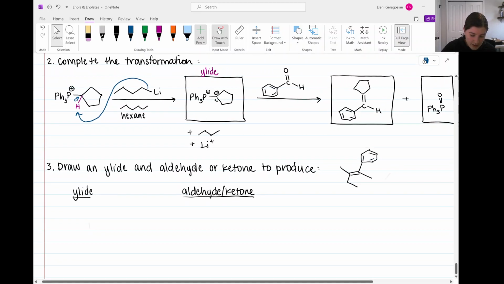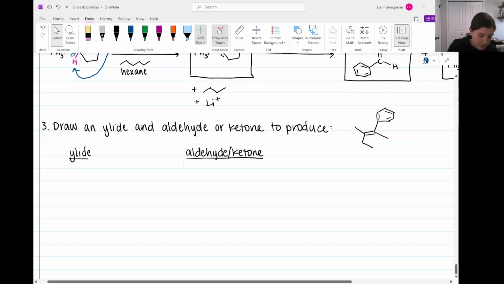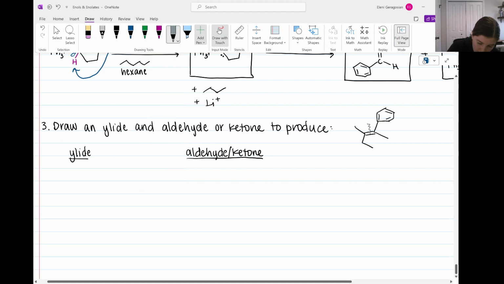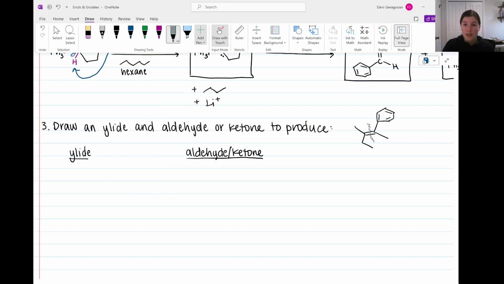So we could look at this final product and imagine this bond being split there. That tells us that one of those carbons in that double bond was from the ylide, and the other was from the aldehyde or ketone.